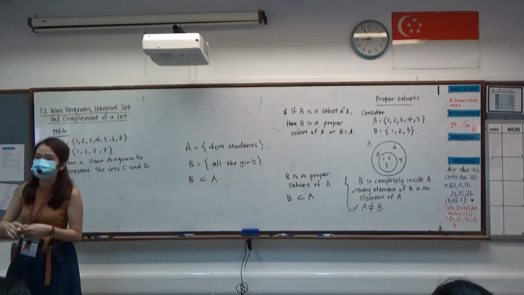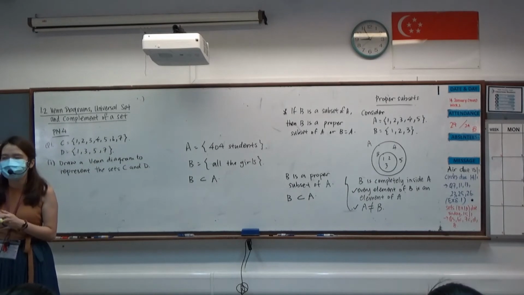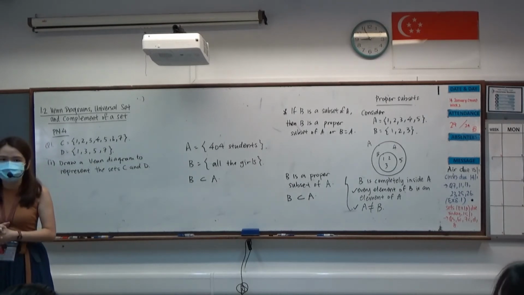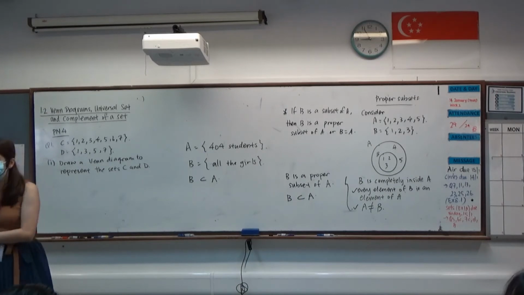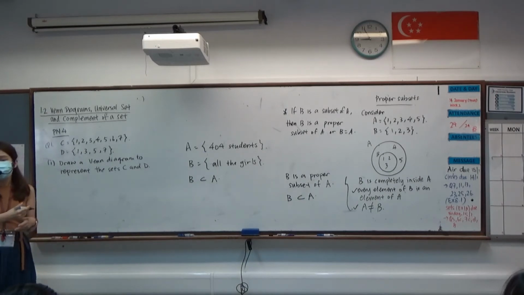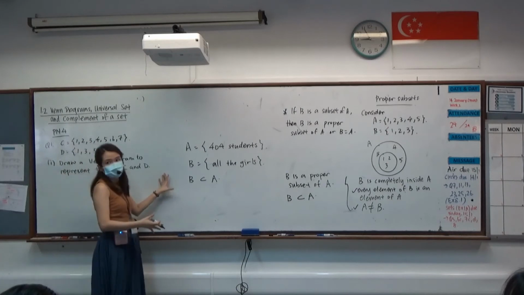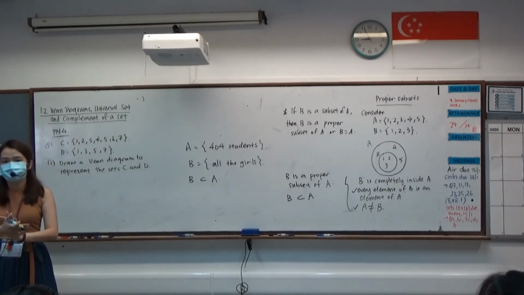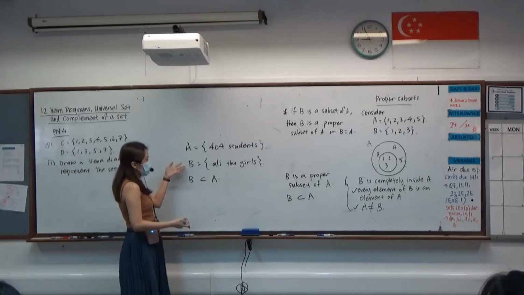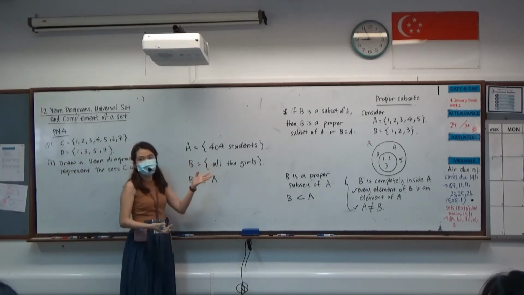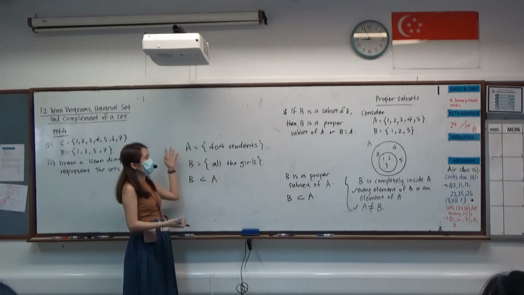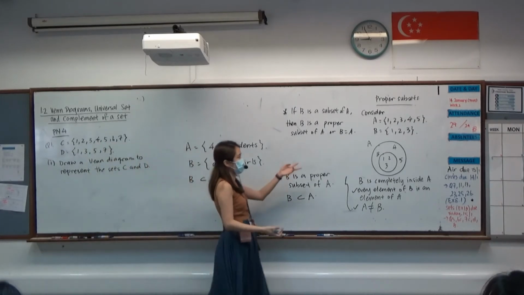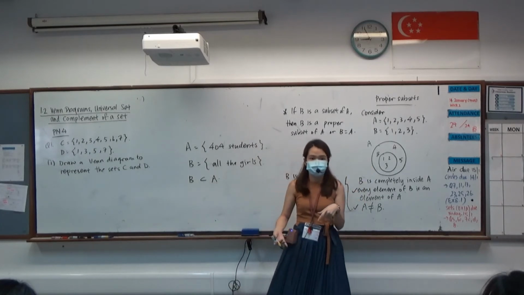Agree? But what if, the next year, the four students is actually a whole class of girls. If I keep this definition and I apply it to next year, that is a whole class of girls, then I will say that B, the set containing all the girls, is going to be a subset of A already, because there is that possibility that B is equal to A. You understand?